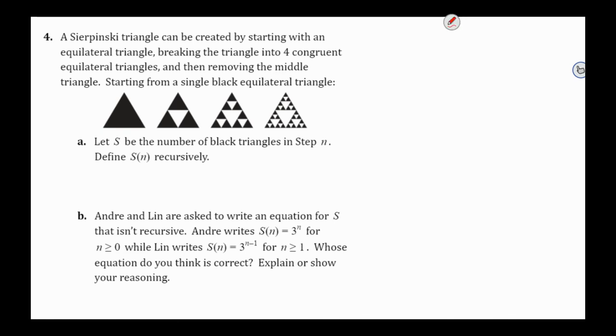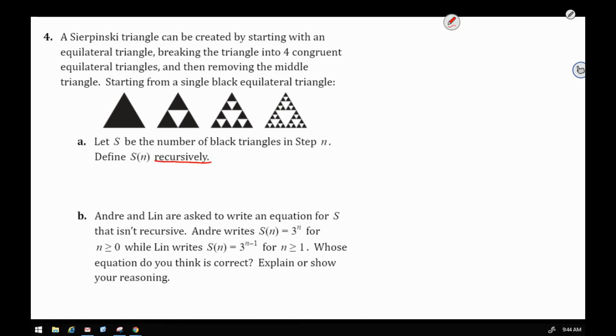So recursive definitions have how many parts? 3 parts. Okay. So I need to know my first term, S of 1. How many triangles do I have in that first term? Just 1.